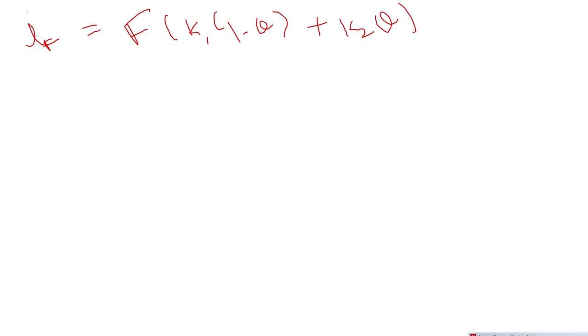Then you have to substitute the values for k1, k2, and theta. You will substitute theta SS plus theta dash E_AC. I'm not doing the derivation because of the time limitation. You will have to find the expression of I_F as something.